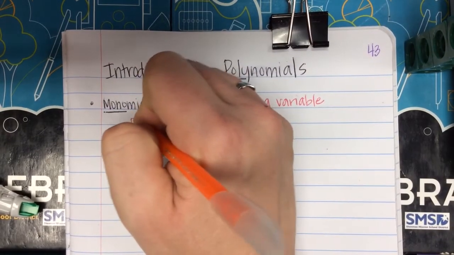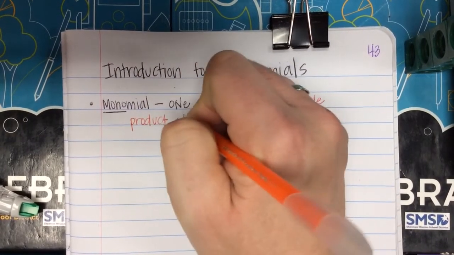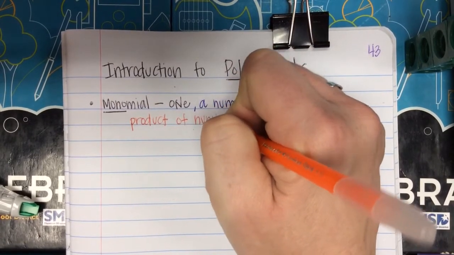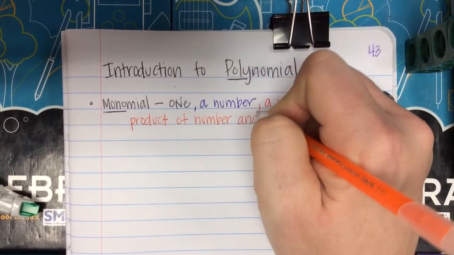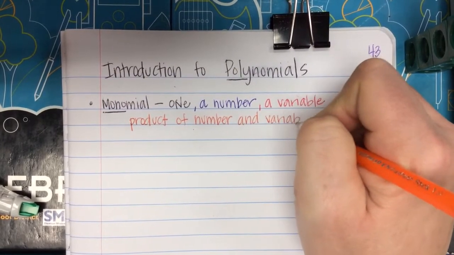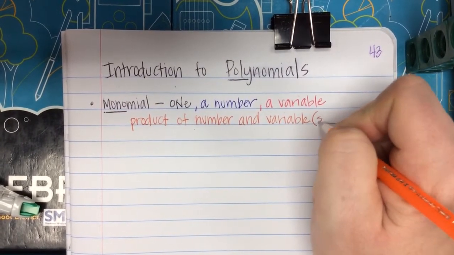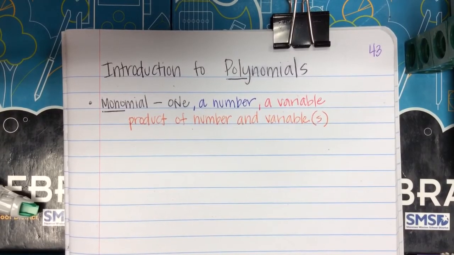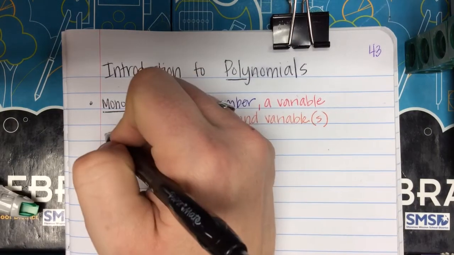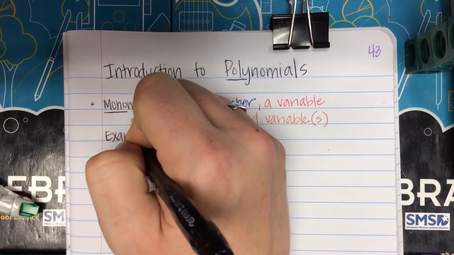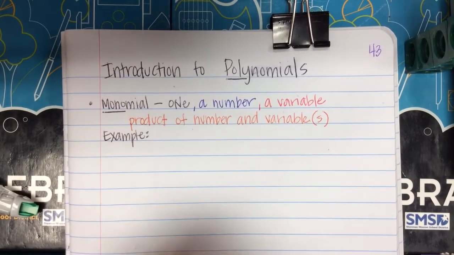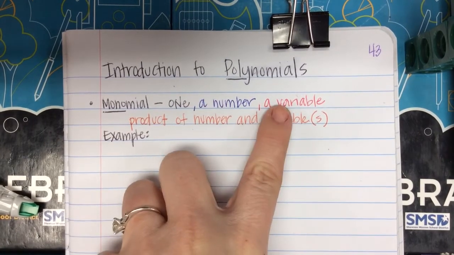Or it could be the product of a number and a variable, sometimes more than one variable, like 4xy. So I'm going to give you a list, and I want you to tell me if it meets these requirements.